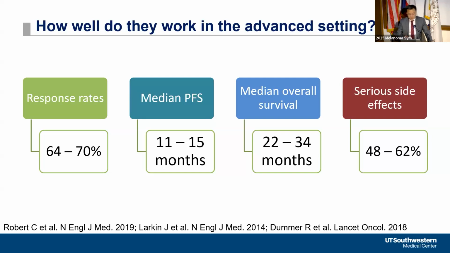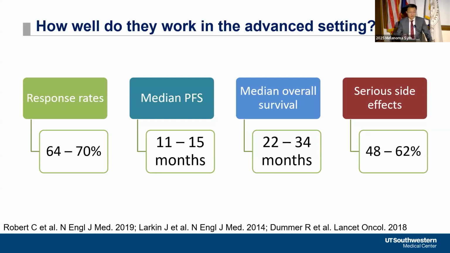But the issue with these therapies is that they work really well in the initial phase, but how long do they work? When we talk about something called median PFS, basically what we're saying is how long were they on therapy before the cancer started to grow again? And you can see here that the median PFS is only about a year.